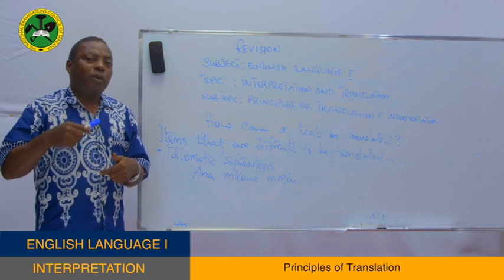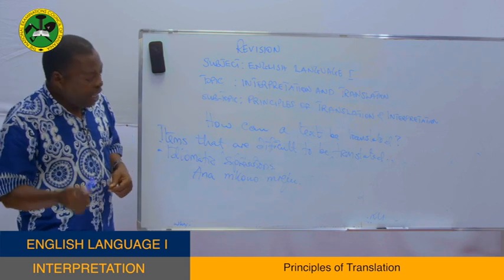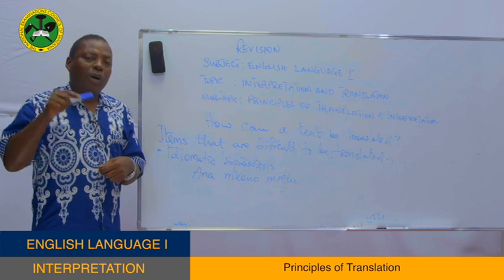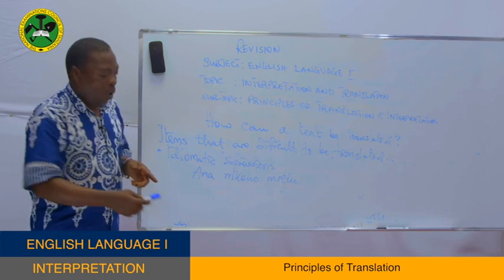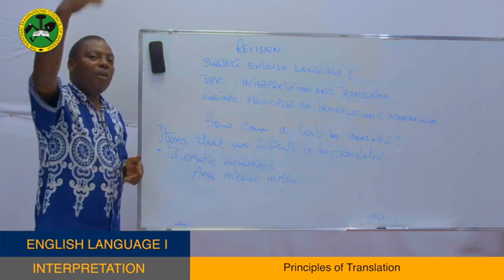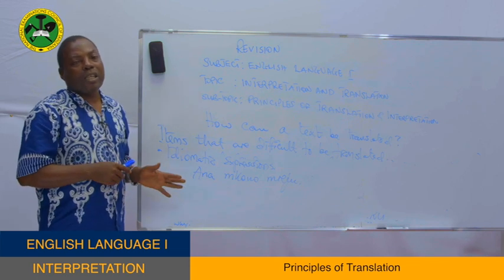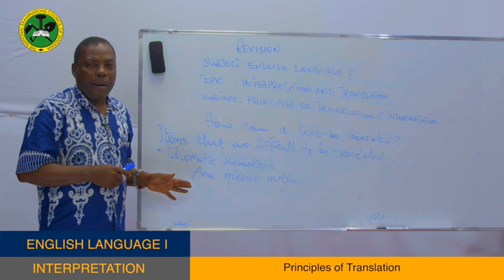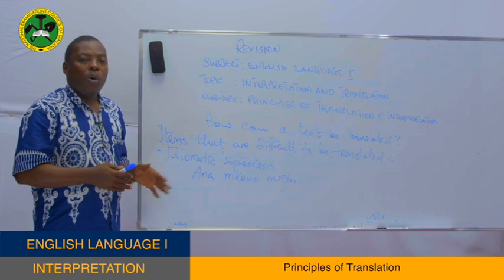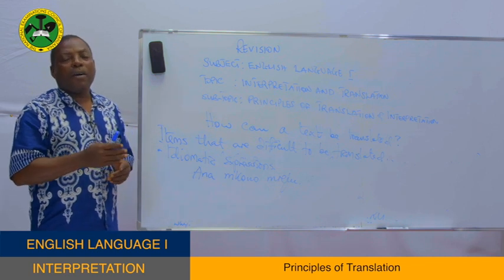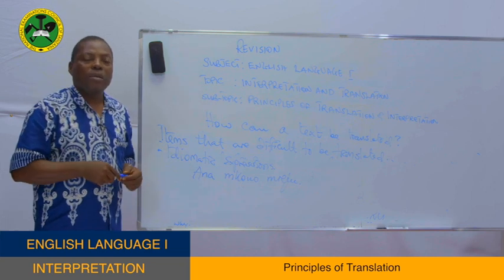So it is only when a person knows the equivalent expression found in another language that they are able to translate it. But otherwise, a person would only paraphrase what has been said.